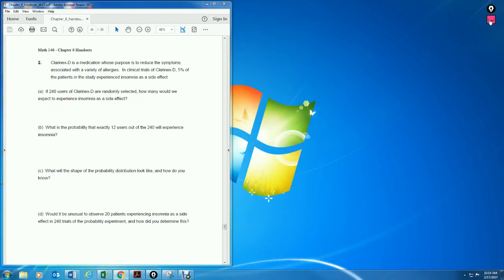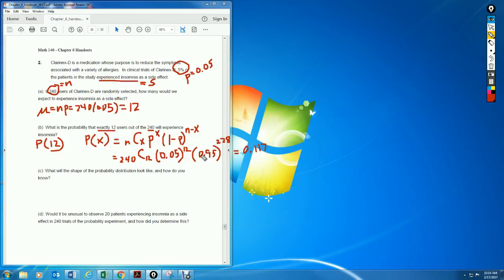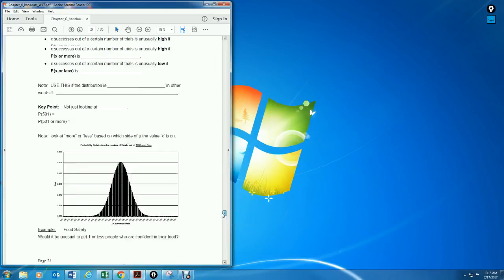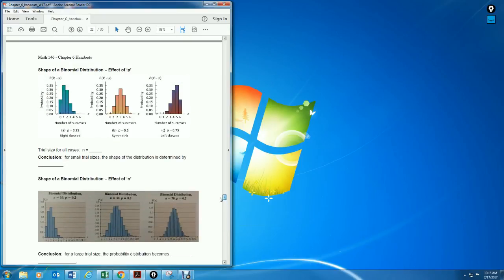All right, part C, what is the shape of the probability distribution and how do you know? So I'm going to erase all this stuff. Again, let's go back up to here where we're talking about the shape of the distribution.